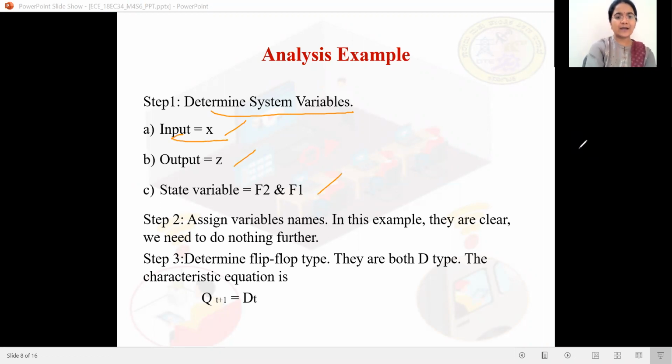The input is X, the output is Z, and the state variables are F2 and F1. Then assign variable names. If they don't mention the variable names, we can assign the names ourselves. In this example it is clear, so no need to assign the variables. And we know that the type of flip-flop we are using here is the D flip-flop, and the characteristic equation is Q(t+1) = D(t).